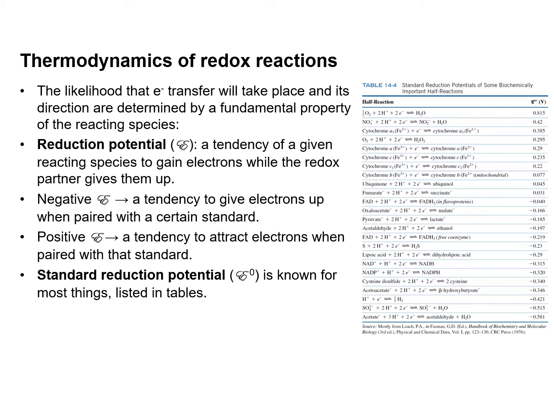A negative E means that that particular species has a tendency to give up electrons when paired with a certain standard. This standard works as a reference point for telling how strong this tendency of giving electrons is, and typically the hydrogen reduction is used as a standard. A positive E means that that species has a tendency to attract electrons when paired with the standard. The standard reduction potential, written as E naught, is known for most things, which are listed in this table.